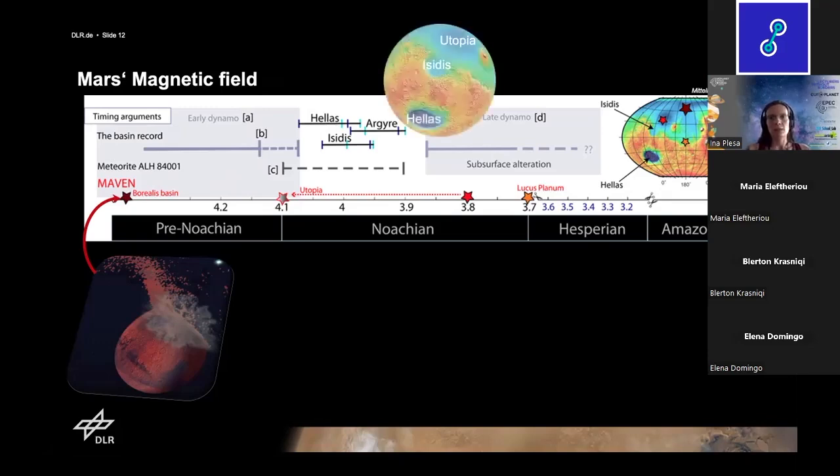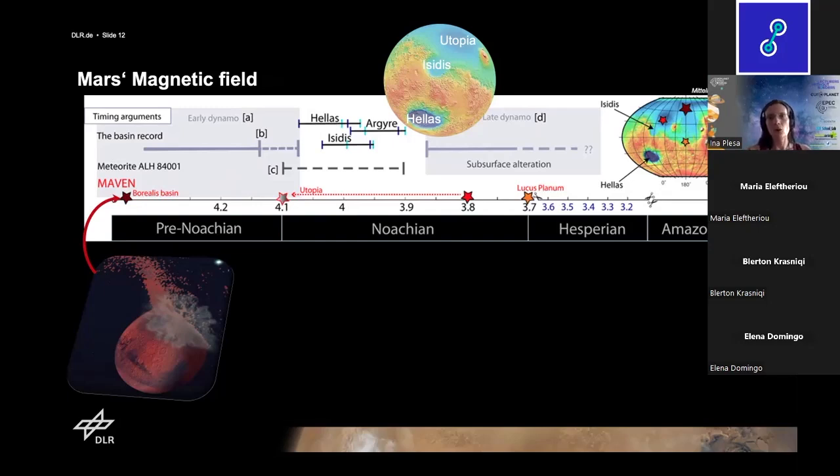Now, with time, more impacts have occurred on Mars, and these are some of the biggest ones: Hellas, Isidis, and Utopia that you can see here. Hellas is this one, Isidis is this one, Utopia is this one here. And basically, the absence of magnetic fingerprints or magnetization of the crust in these regions tells us that at that point, either the magnetic field was weak or it was absent, or these impacts actually led to erasing the magnetic signature.